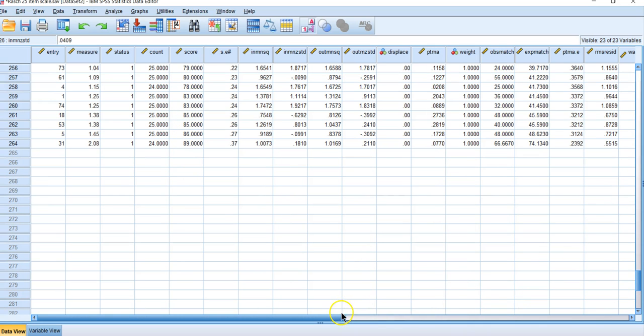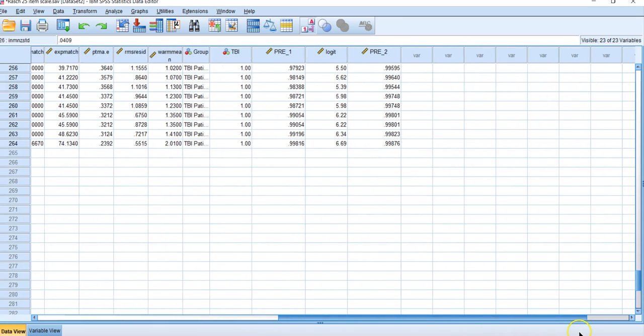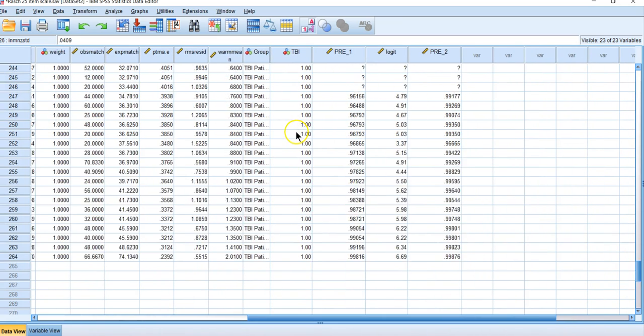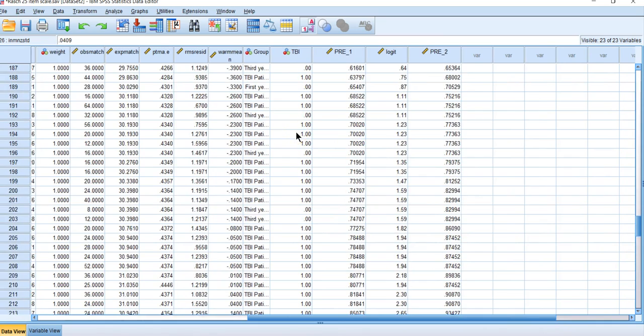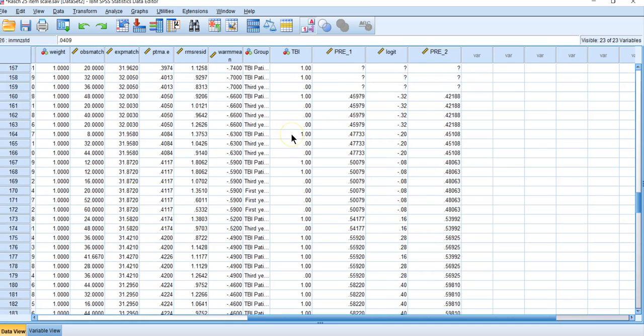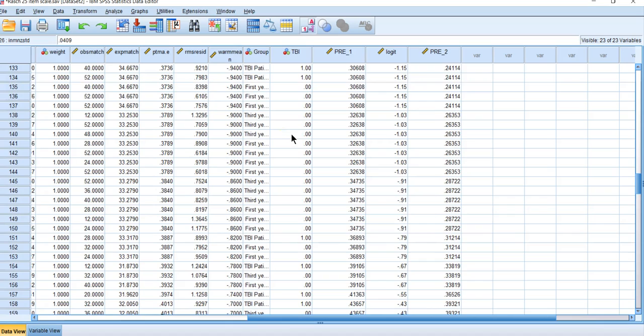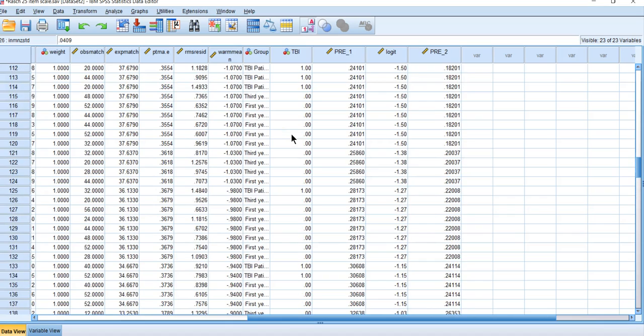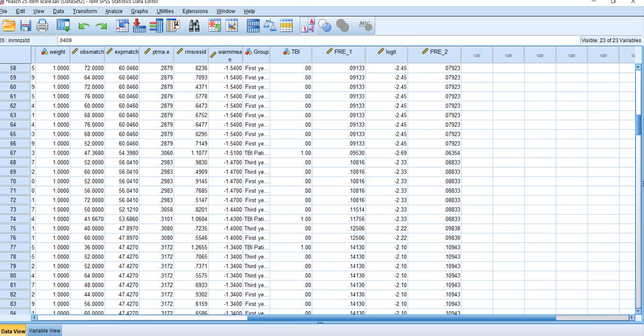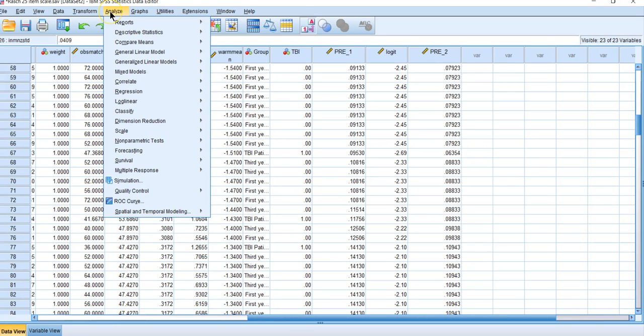Then we also have the TBI variable: you can see we have 1 if you had TBI, 0 if not. Here we rank ordered those scores, and you can see we have ones and zeros mixing in there. So this is where our prediction was not perfect. And so let's do a regression.